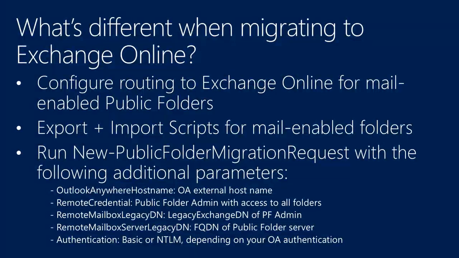You need to run that several times, and make sure that it works when you do the final step. And finally, the public folder migration request goes cross-premises. So you need to provide more information and make sure that Outlook Anywhere is running between Exchange Online and your organization.